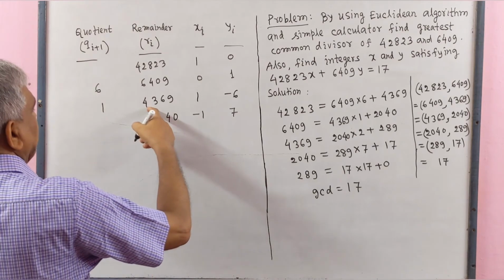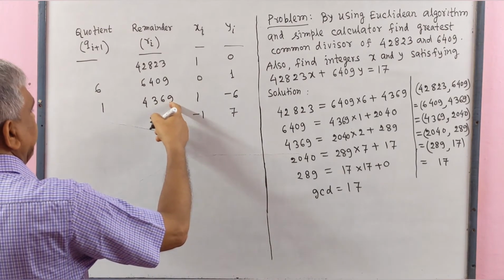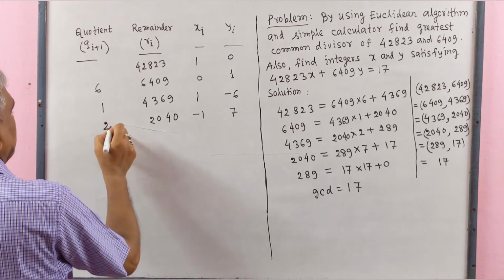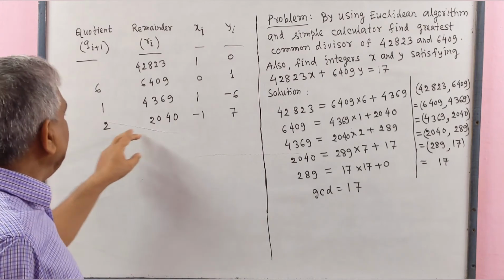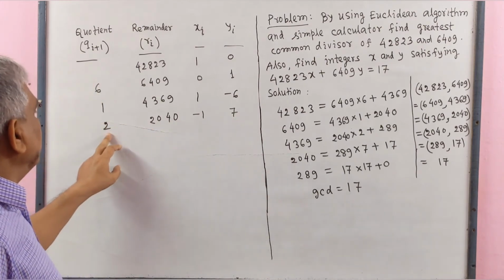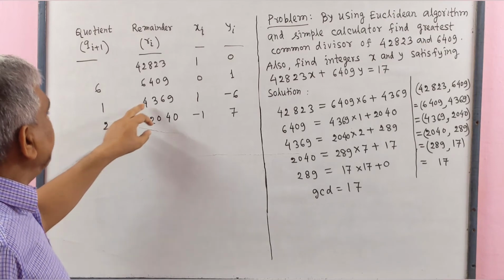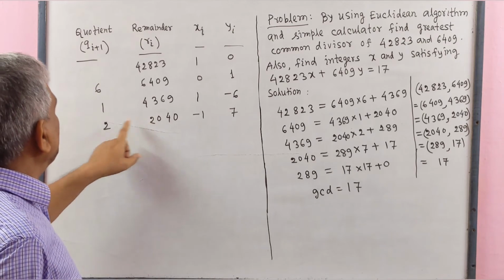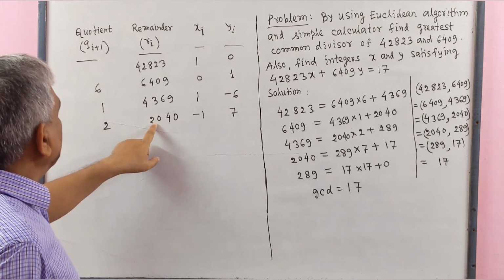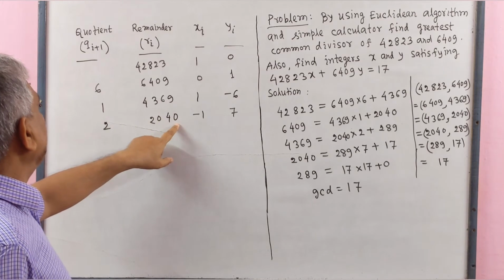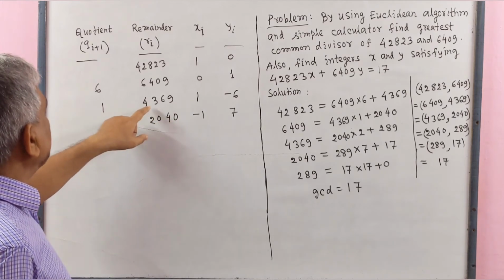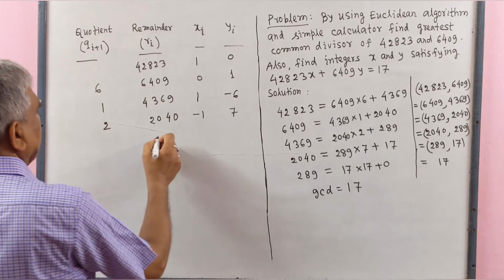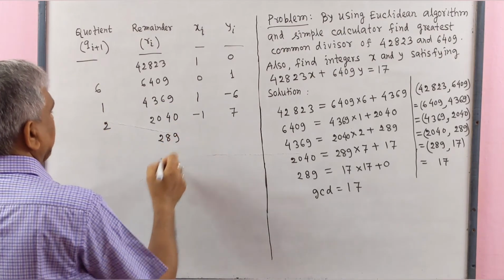Now we divide 4369 by 2040. We get quotient 2. Multiplying by 2 and subtracting, we get 289.